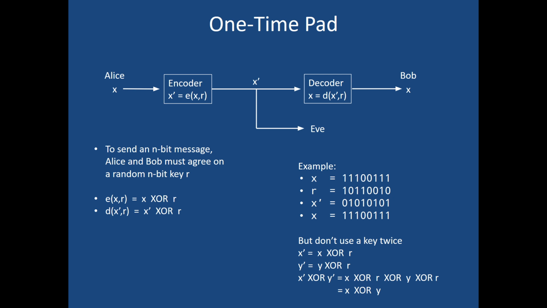If we've just got X and R, or X prime and R, you don't know R. There's a key that will generate the original X. There are other keys that generate every other possible original X. If you're talking about English passages, we'll find a way to decrypt any possible original English passage.